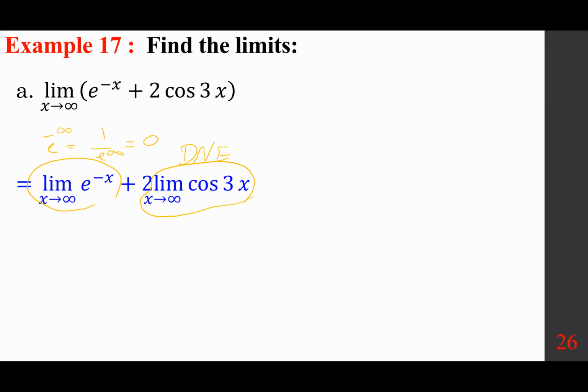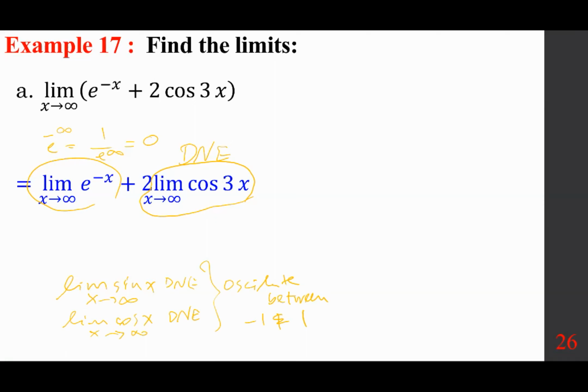DNE, does not exist, this part. So let me write this at the bottom. The limit of sine x as x approaches infinity does not exist. The limit of cosine x or 5x or 10x, that doesn't make any difference, as x approaches infinity does not exist because they both oscillate between -1 and 1.